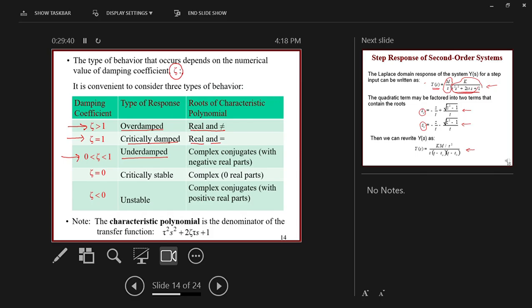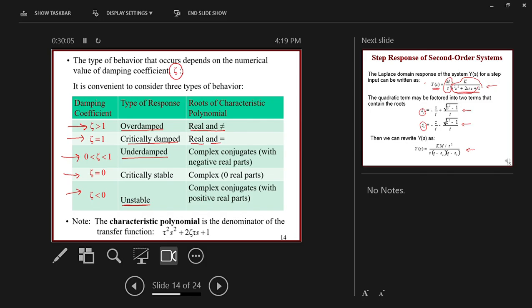The critically stable response happens when the zeta is equal to 0, where we have complex roots of the characteristic polynomial, and when the zeta is less than 0, the process will be unstable and it will not reach a steady state, and this happens when the roots are complex conjugates with positive real parts.